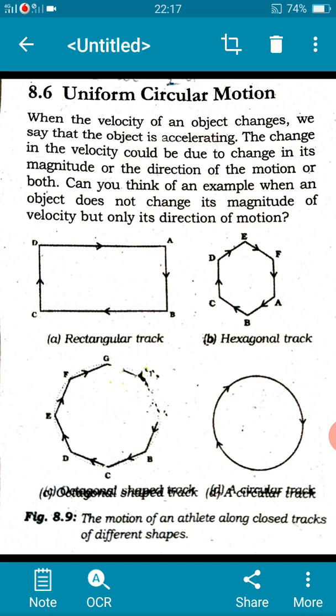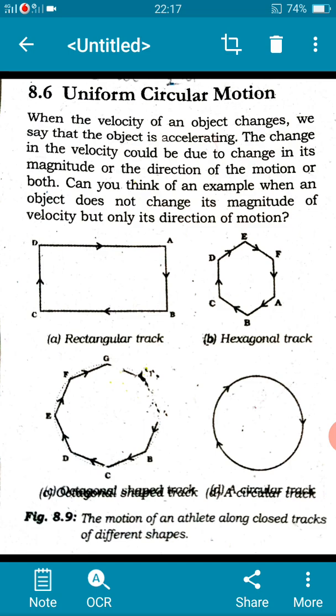ABCD, isn't it? An athlete is running along a rectangular park. The athlete runs at uniform speed on the straight parts, that is AB, BC, CD and DA of the track.